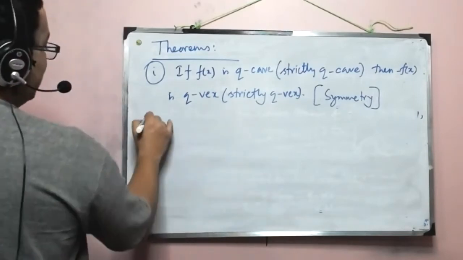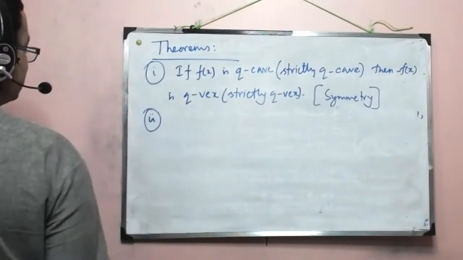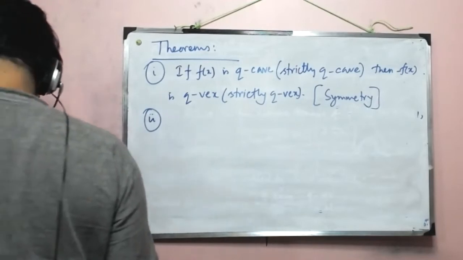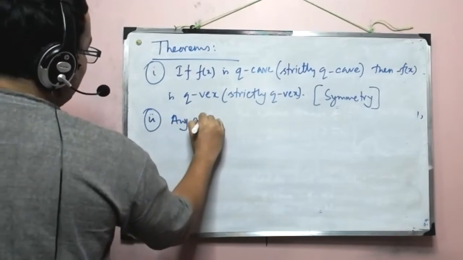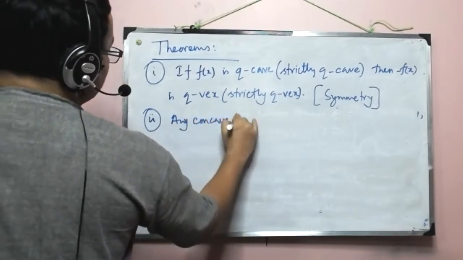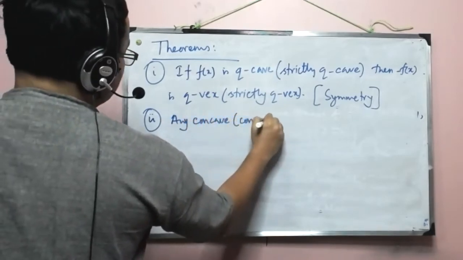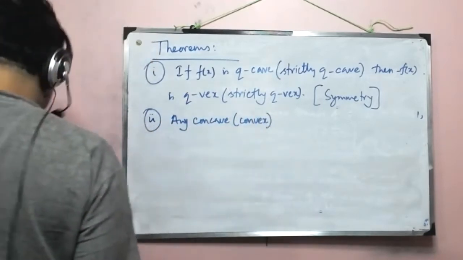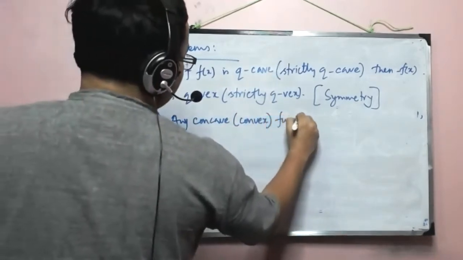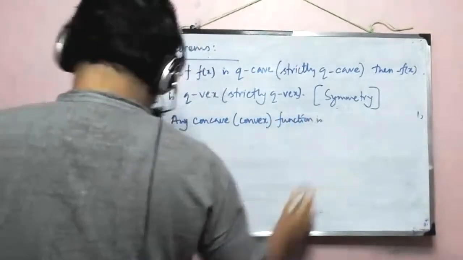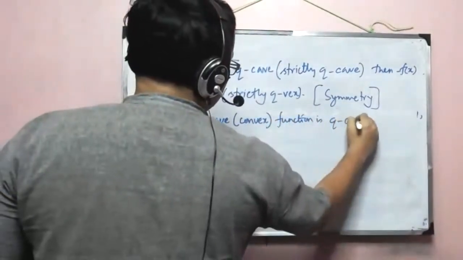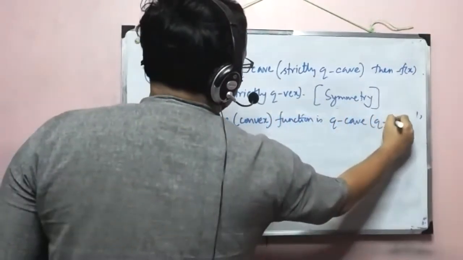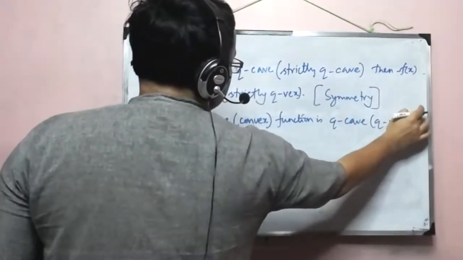Now the second theorem is pretty important. It relates concavity and quasi-concavity. Any concave or convex function is quasi-concave or quasi-convex, right?